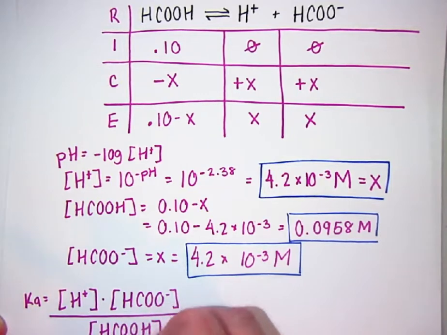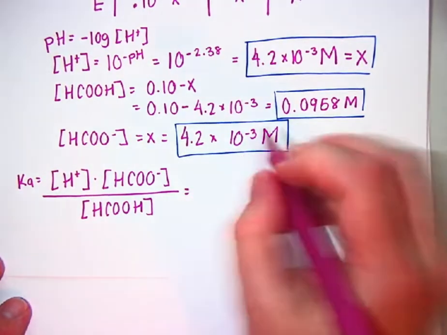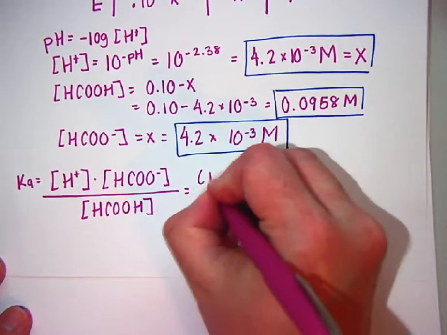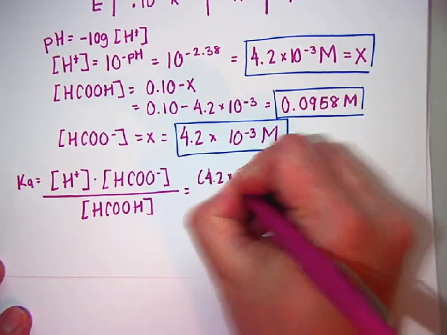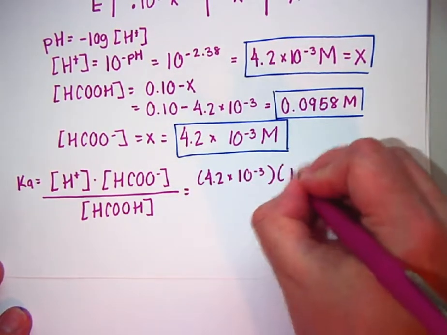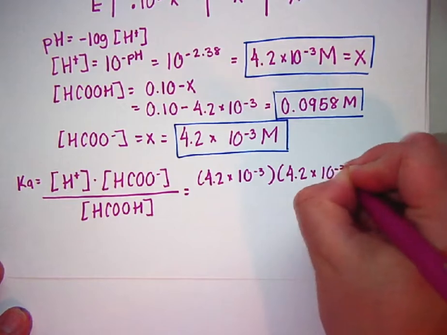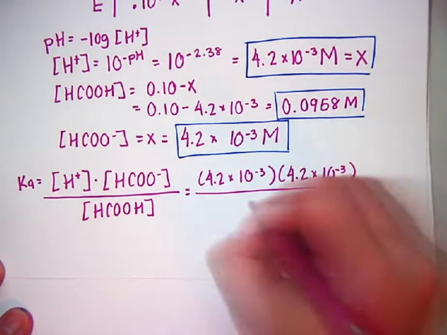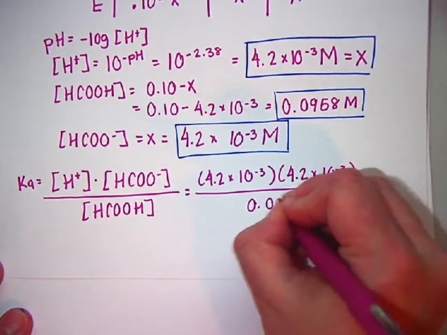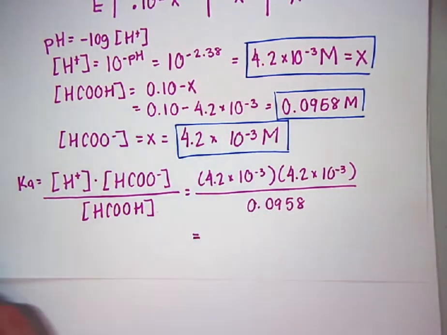In this case, everything has a coefficient of 1, so no exponents. Let's plug in what we know and solve.